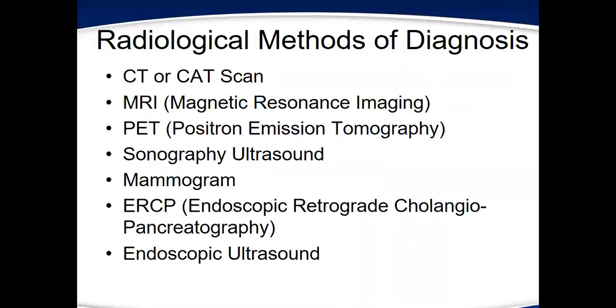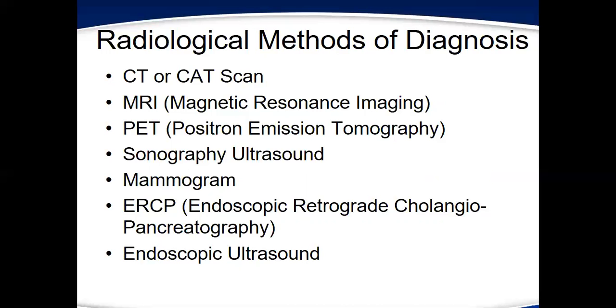There are many different radiological methods that can be used and are used to diagnose cancer and to determine how far the cancer has spread. The most common methods are listed here on the slide. As we review the different cancer primary sites, you will get to know which methods are used for what site.